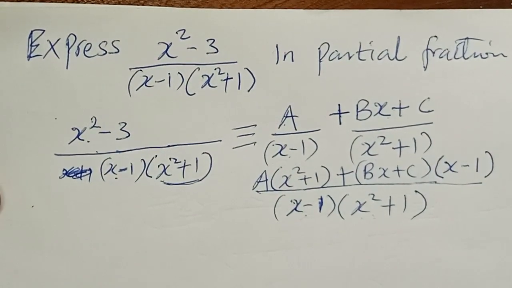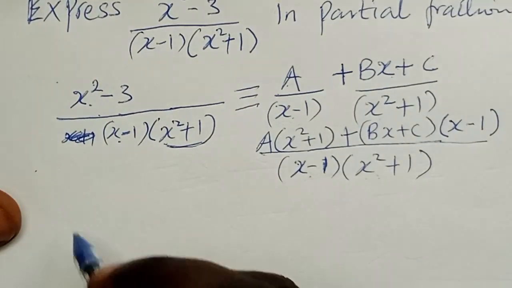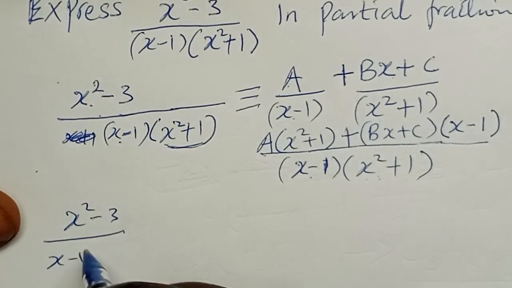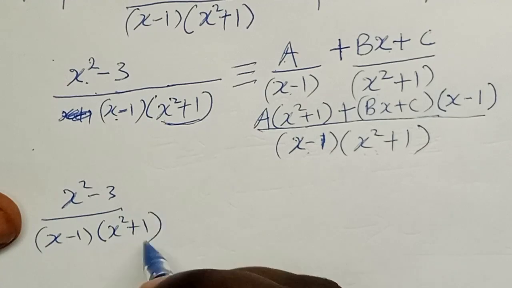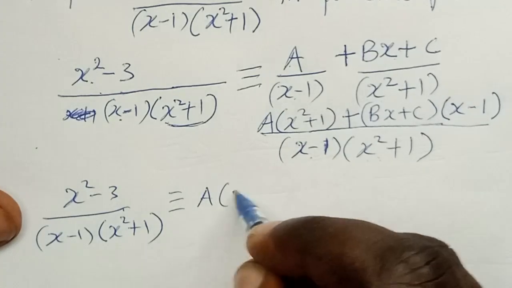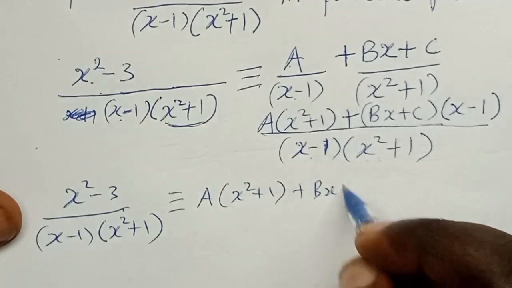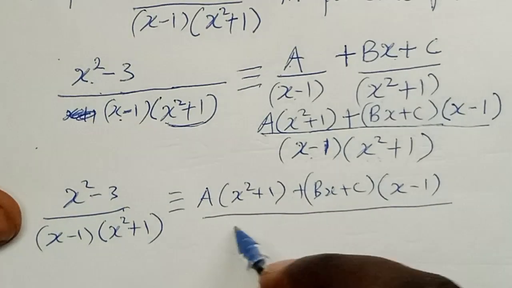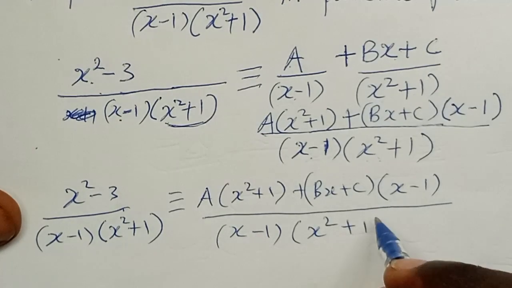Now, in this case, it can still be represented as you can see here, that is (x squared minus 3) divided by (x minus 1)(x squared plus 1) is the same as A(x squared plus 1) plus (Bx plus C)(x minus 1), all over (x minus 1)(x squared plus 1).